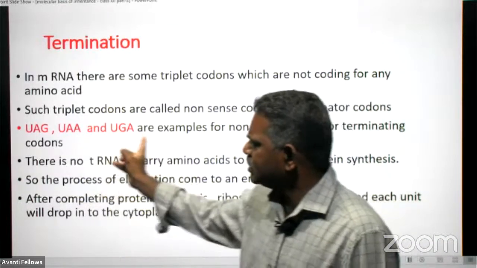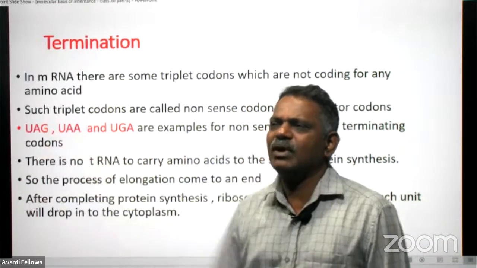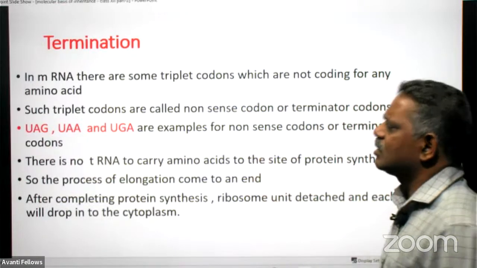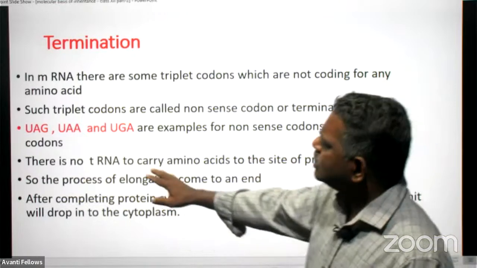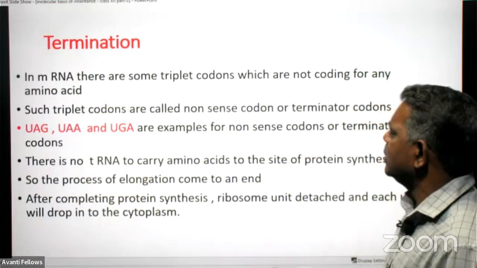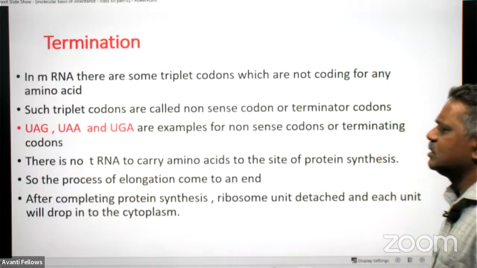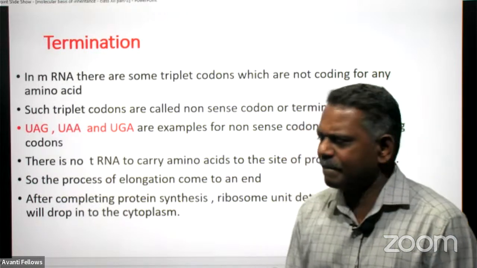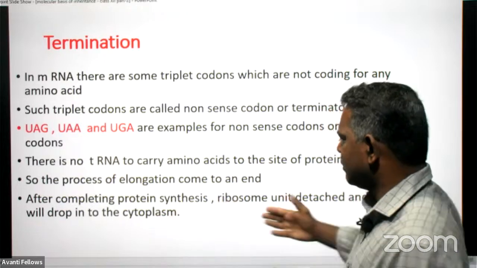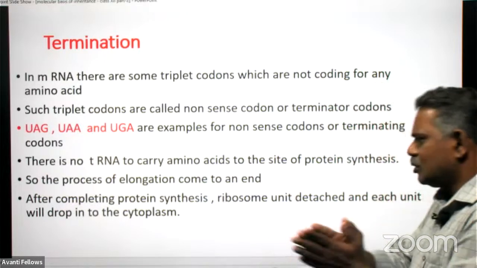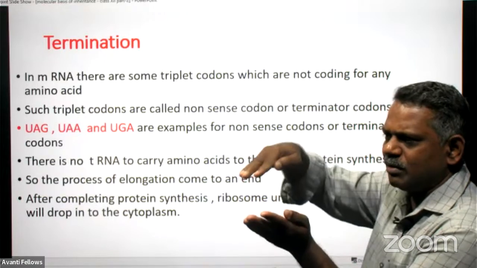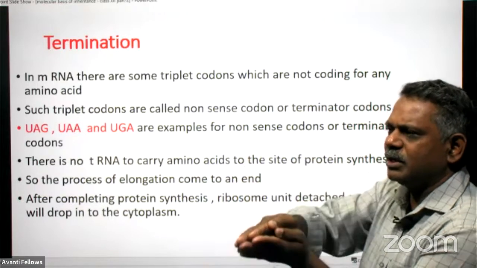That's why I told you these are all meaningless triplet codons, present in the mRNA only as nonsense codons. So there is no tRNA to carry any kind of amino acid to the site of protein synthesis, and the process of elongation comes to an end. After completing the protein synthesis, the ribosome units also separate, because the mRNA is present in the ribosome between the large subunit and small subunit.